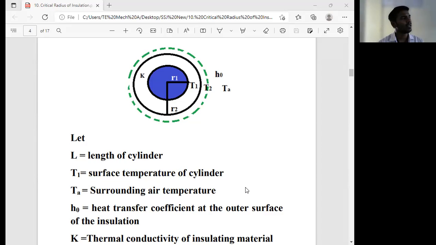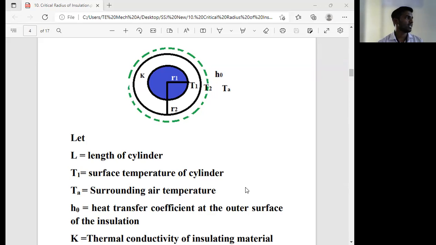OK, so can anyone tell me what is the equation for the Q for this particular solid cylinder? काय आहे Q चे इक्वेशन? जे काय सॉलिड सिलेंडर आहे, from that solid cylinder to air heat transfer will take place. So what is the equation of the Q? काय आहे, how many resistances are there? 3. कुठले कुठले 3?